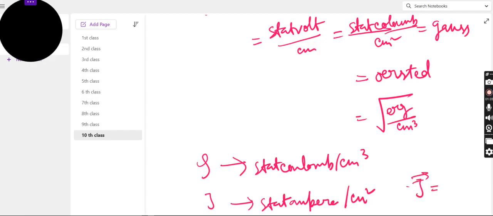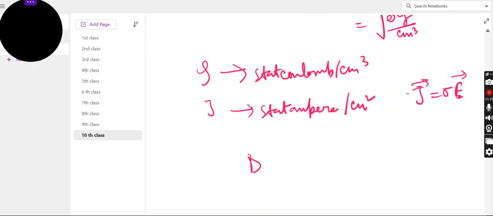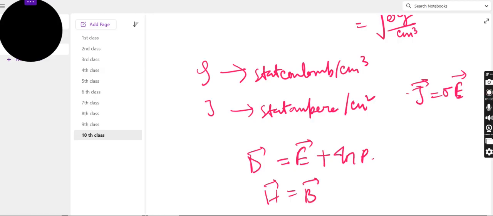J is sigma E. And the relation also changed, that is D equals E plus 4 pi P, and B equals H plus 4 pi M. There is no epsilon and mu in the Gaussian system because D, E, H, B, M, P all have the same dimension.